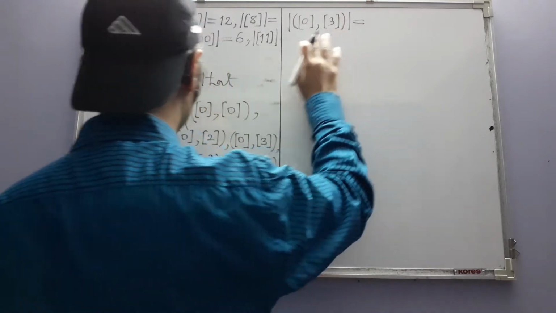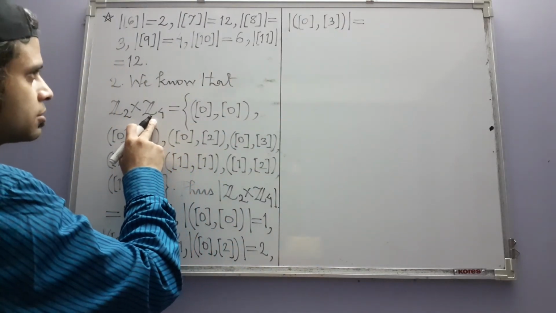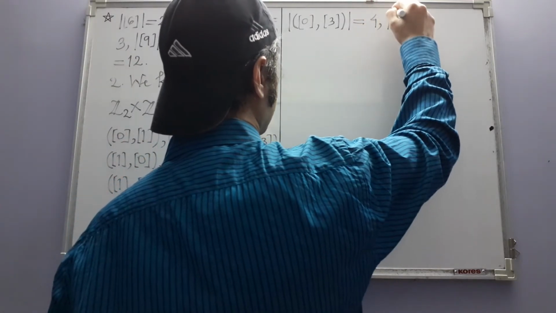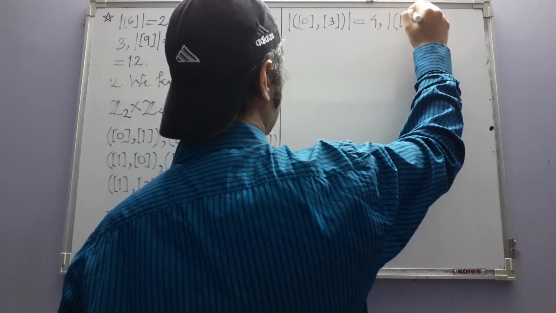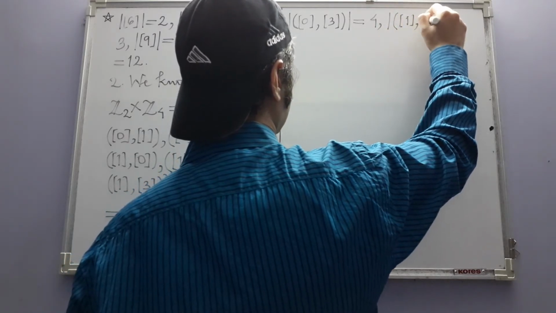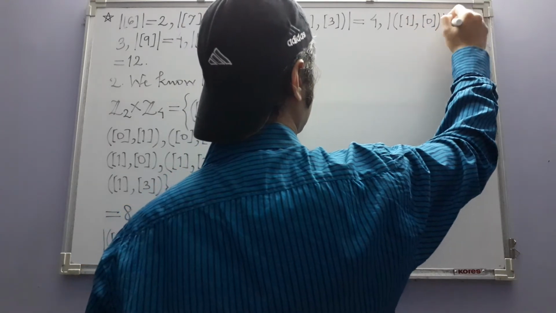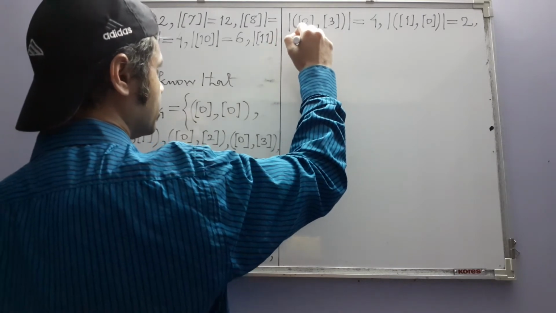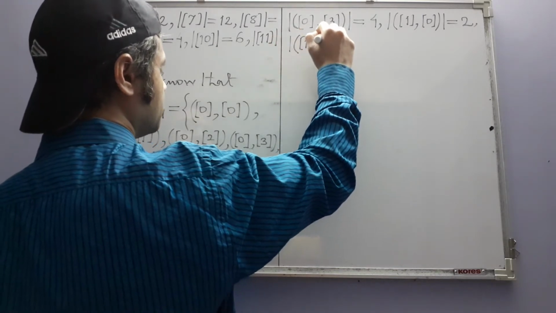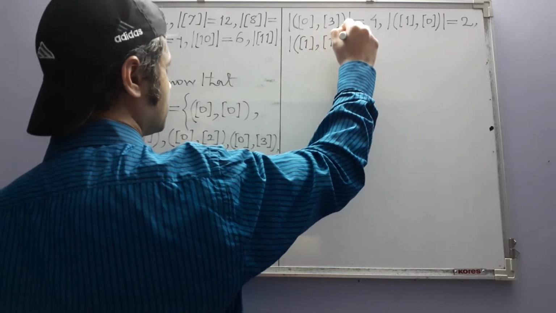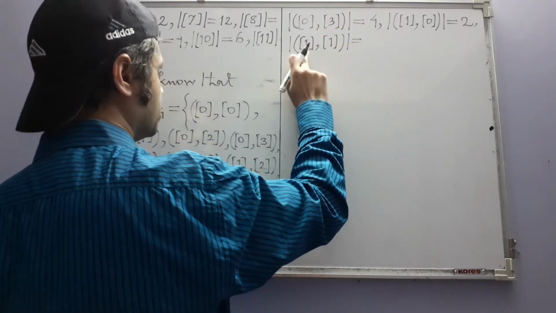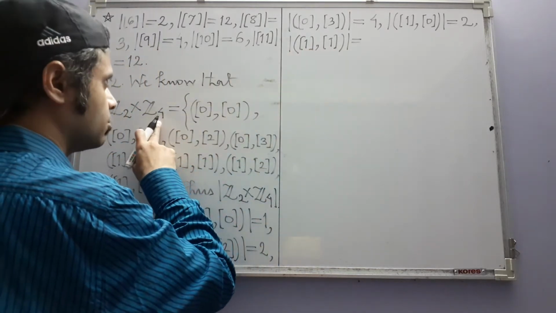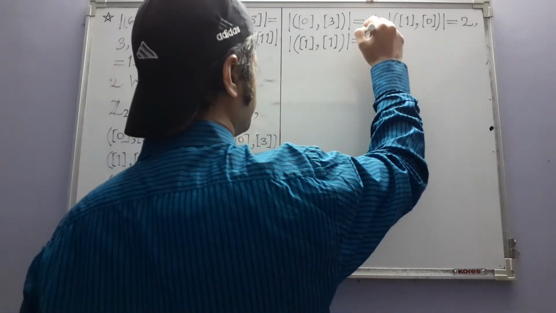The order of 3 in this second group is 4. So this is 4. Now we come to those elements which have the first coordinate congruence class 1. Its order will be 2. Then the next one, (1, 1). The order of this one is 2 in the first group, but the order of this one in the second group is 4. So this has to be 4.